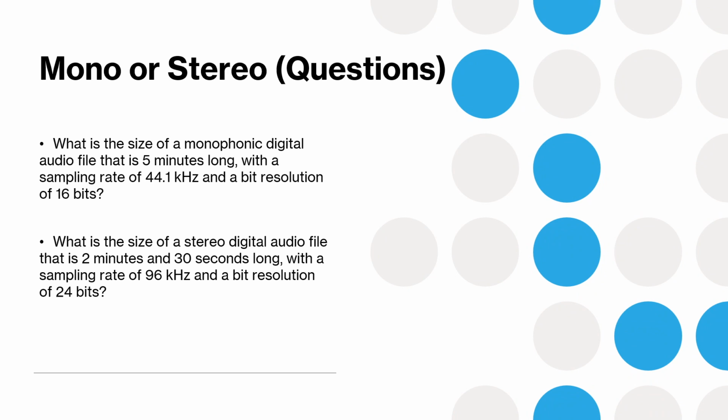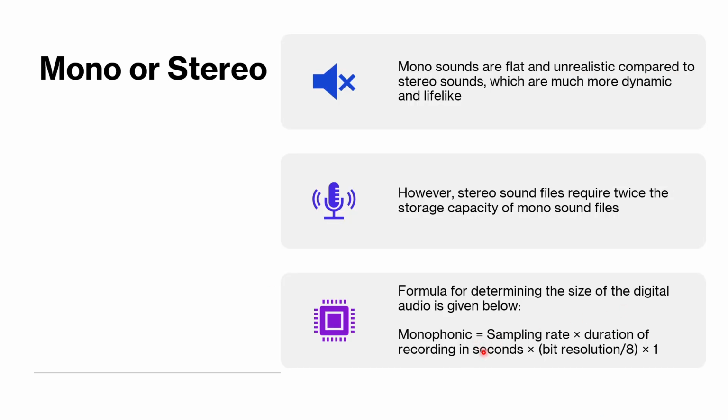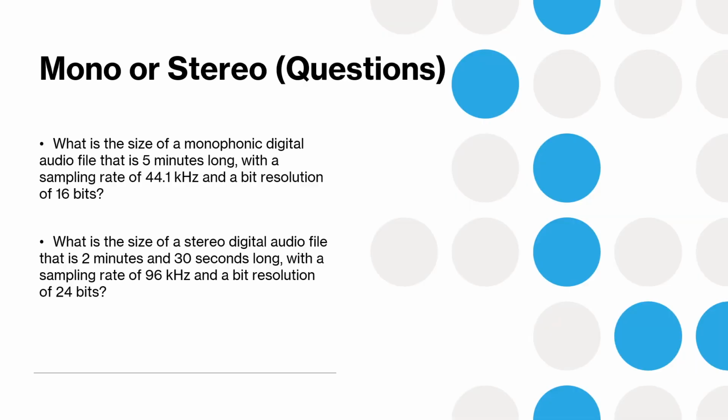Still on monophonic sounds, these are two questions that I believe you should be able to solve based on the formula given in the previous slide. The first question is: calculate the size of a monophonic digital audio file that is 5 minutes long with a sampling rate of 44.1 kilohertz and a bit resolution of 16 bits.